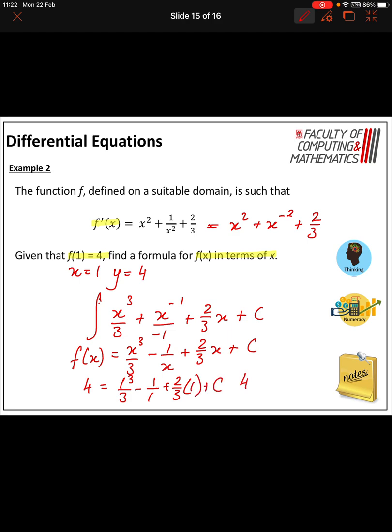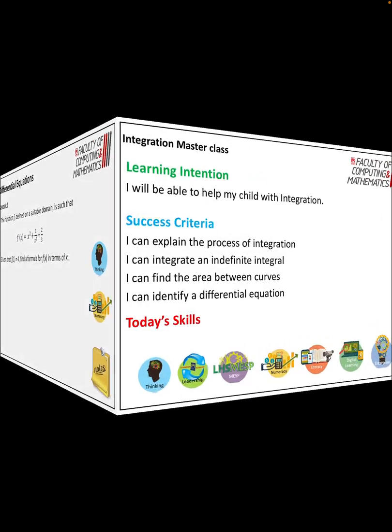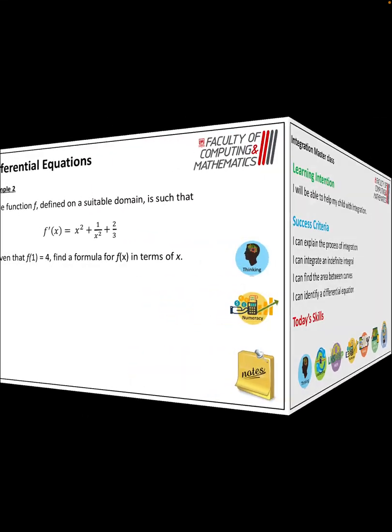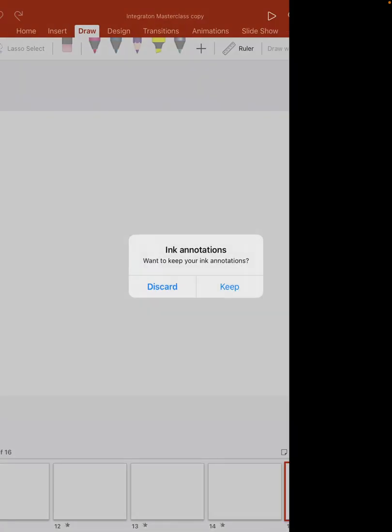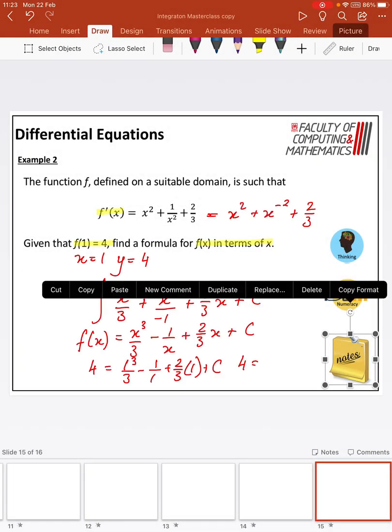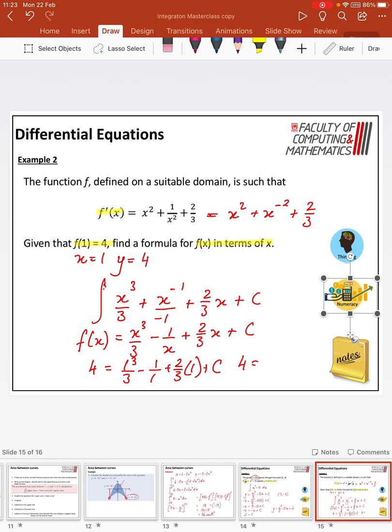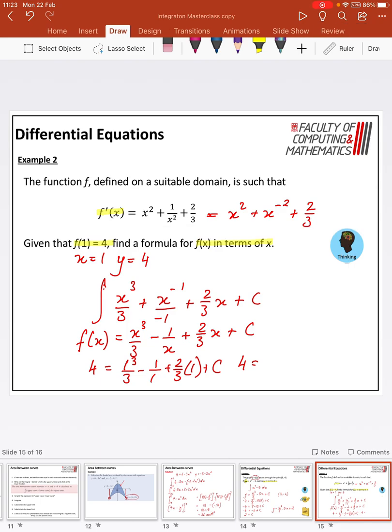I've got 4 is equal to 1/3 minus 1 plus 2/3 plus c.